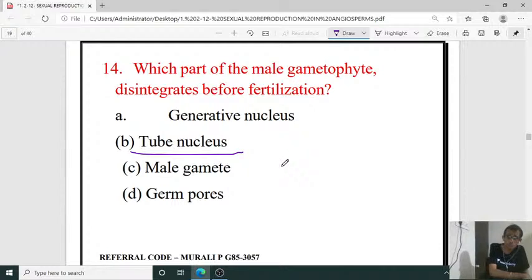So the tube nucleus degenerates before fertilization, before the entry of the male gametes to the region of the egg cell and the central cell. B is the right answer for the 14th question.